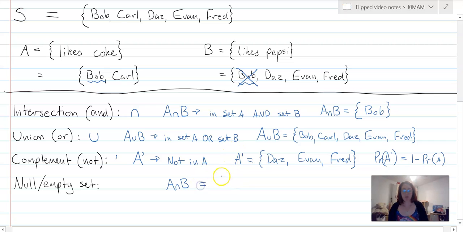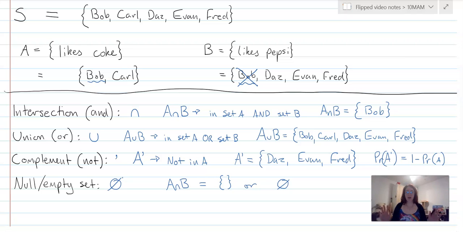You can represent that as just the squiggly brackets with nothing in them, or you can use a circle with a line through it. I like that one because it's very unambiguous. It looks like you haven't just forgotten to put anything in. There is literally nothing in that set.